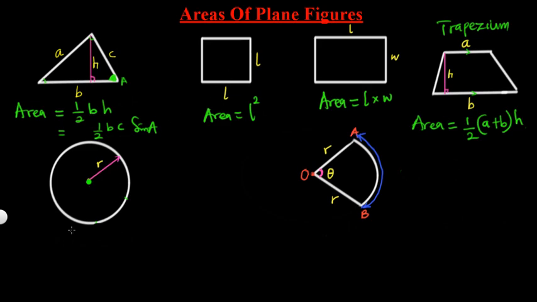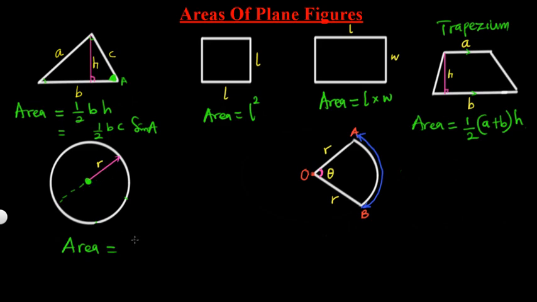I know you're familiar with a circle, a round plane figure. The area of a circle is gotten by understanding that from the center of the circle to any point on the circumference is called the radius. If this radius extends to the other side, it completes just like a straight line this way, and is called the diameter.